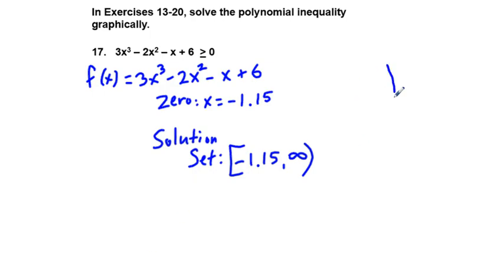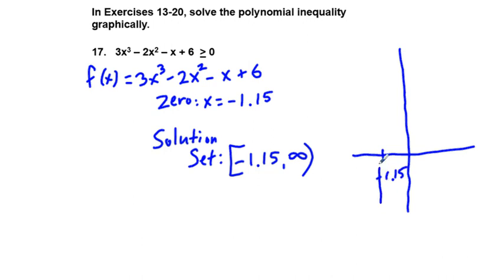It's just this one right here. So we have the critical number of negative 1.15. The function goes up. Negative infinity kind of bobbles here, but does not go down again to touch or cross the x-axis. So that's what it looks like. So our solution set is over here to the right of this x-intercept.